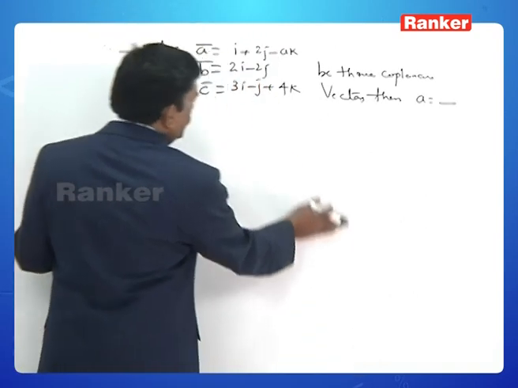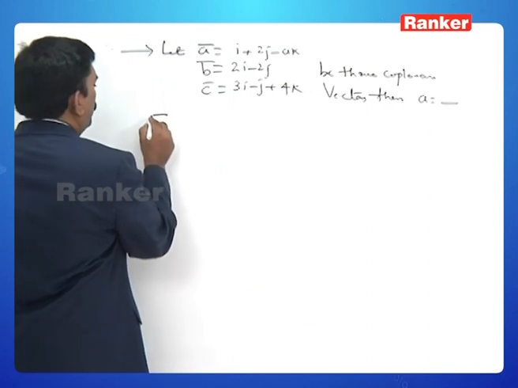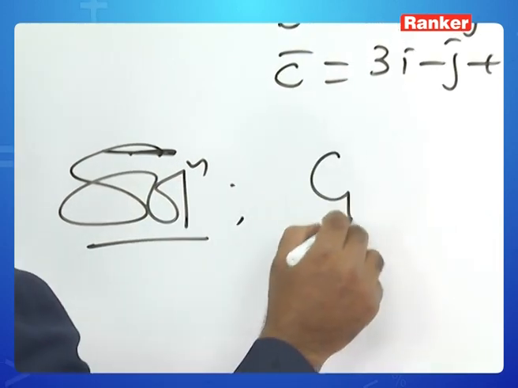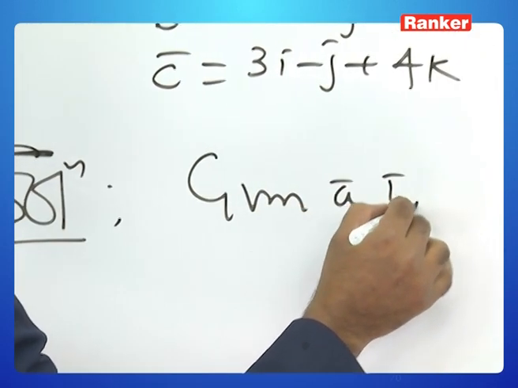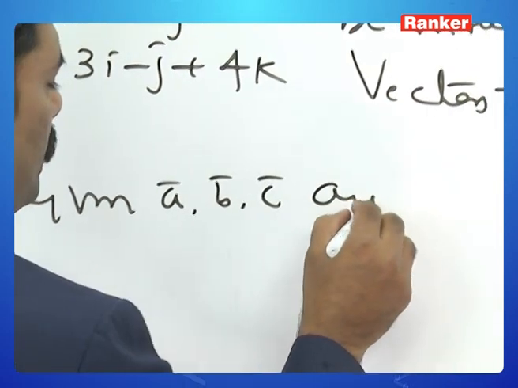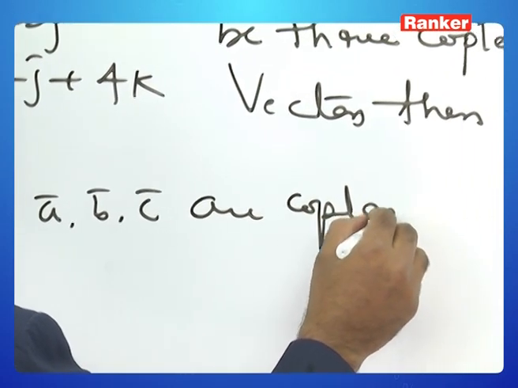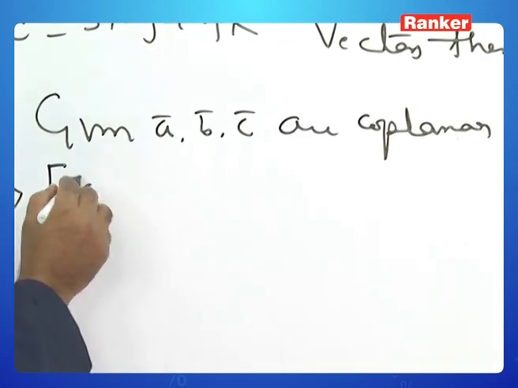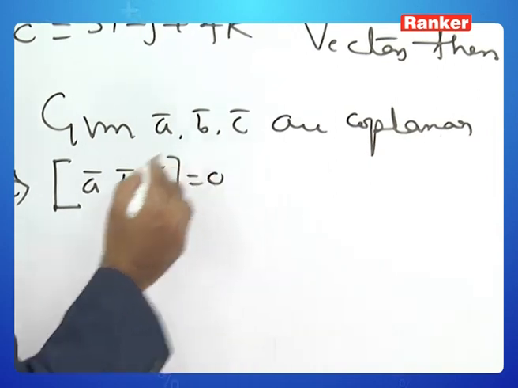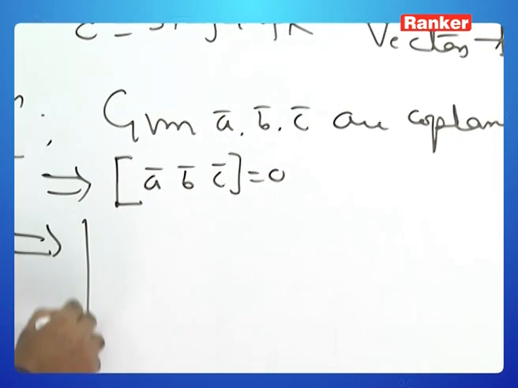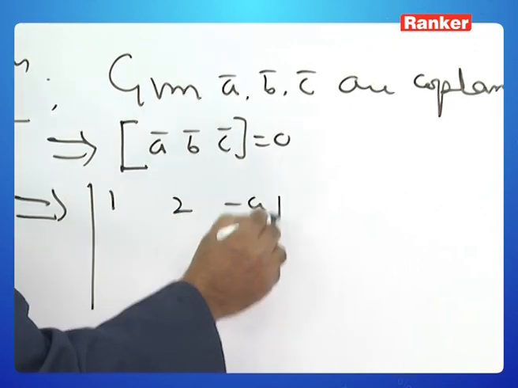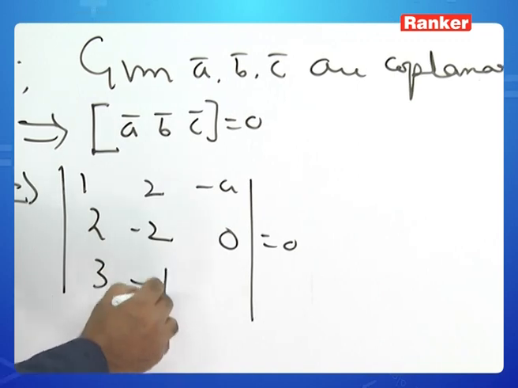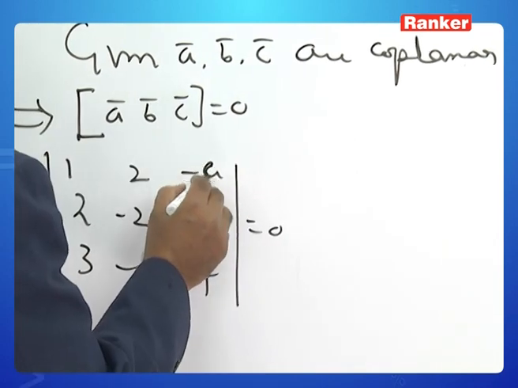Now what I do is just find out what he has given. The given is, look here, A bar, B bar, C bar are coplanar, which implies box of A bar, B bar, C bar is equal to 0, which implies the determinant 1, 2, minus lambda; 2, minus 2, 0; 3, minus 1, 4 is equal to 0.